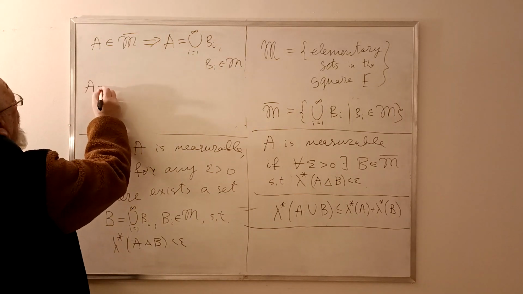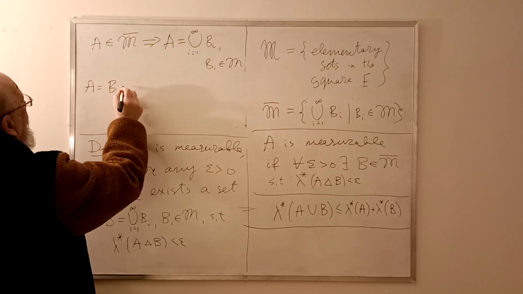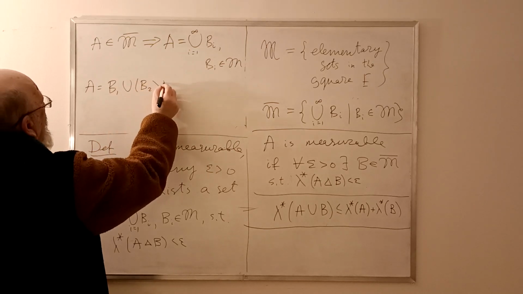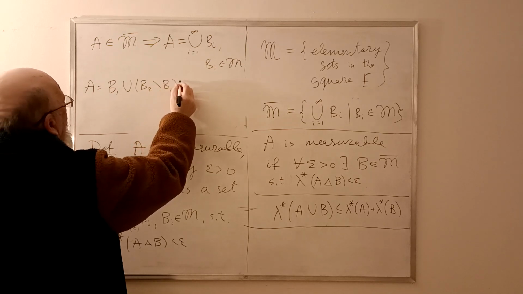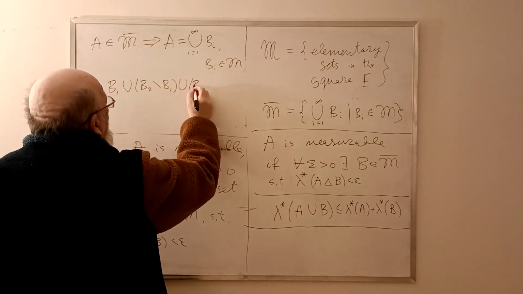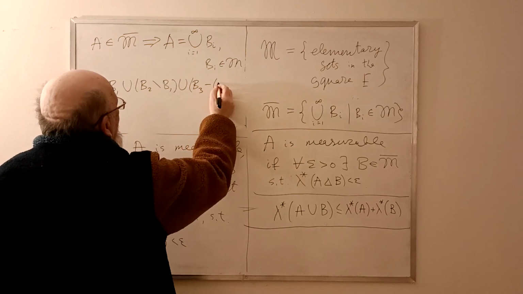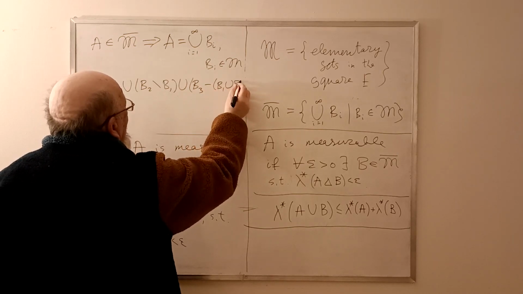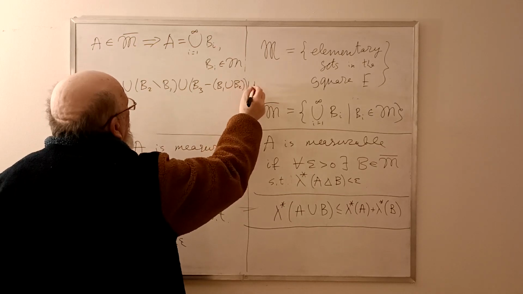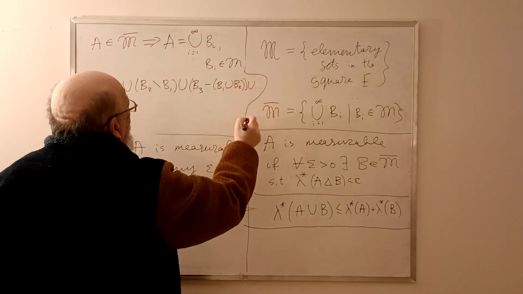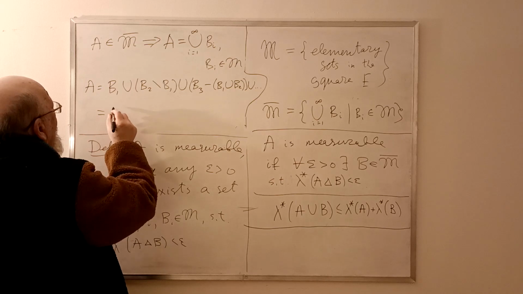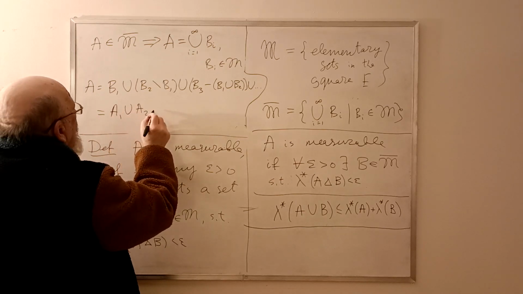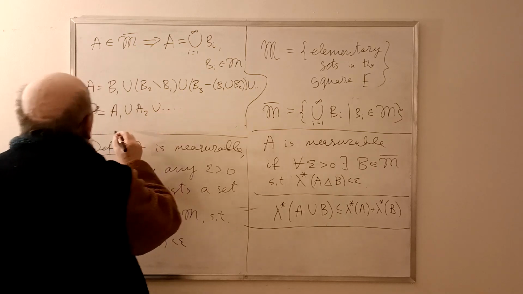So A is, say, B1 union B2 minus B1, union B3 minus B1 union B2, union and so on. Equals A1 union A2 union and so on.